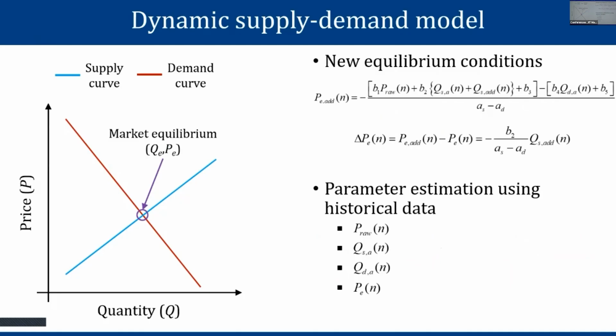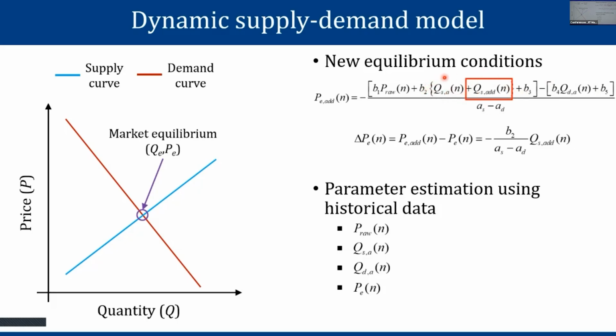With these modifications, we can obtain the new market equilibrium conditions. So the final equation is shown here, and in this equation we can see the appearance of a new term, which is QSAD. So we have QSA and QSAD.